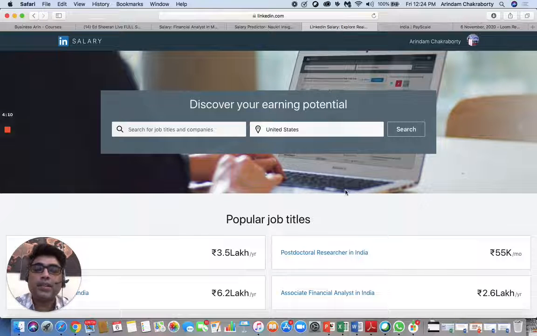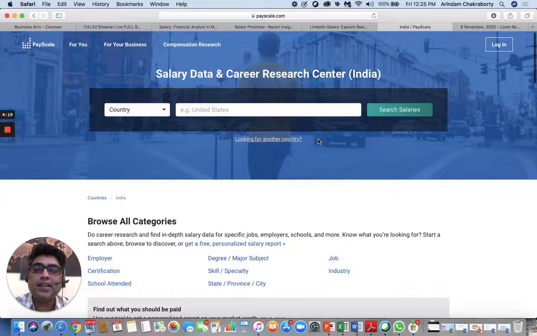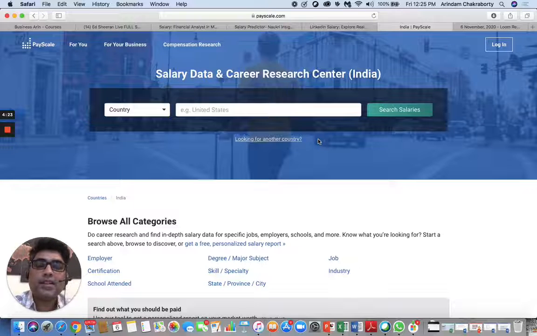Then you have that option on LinkedIn as well, where you can search in terms of job titles or companies and which part of the world you are in. Then you have Payscale, right? So you just play around with this. I'll be sharing the links as an attachment, so that you can understand how to go about these specific sites.